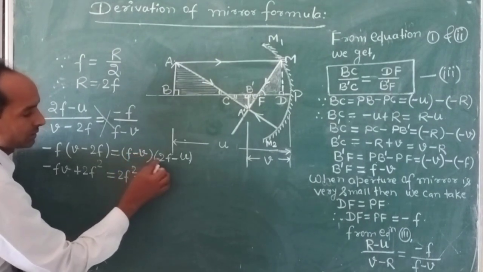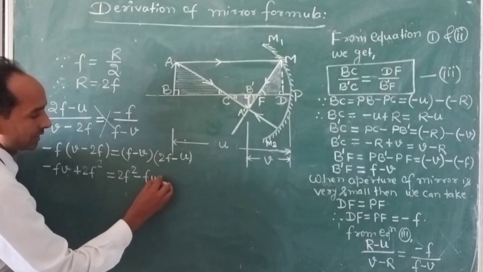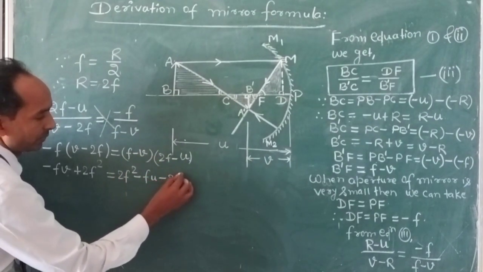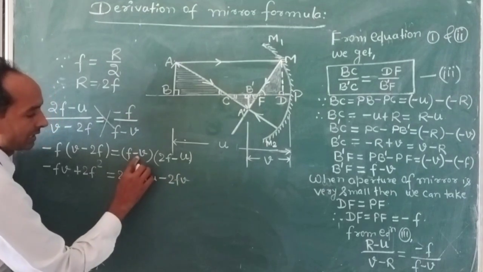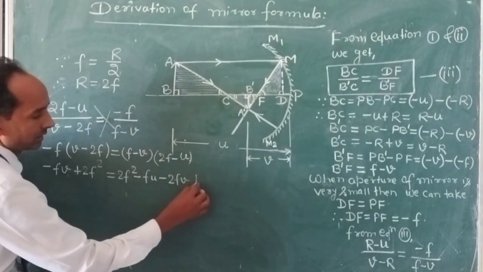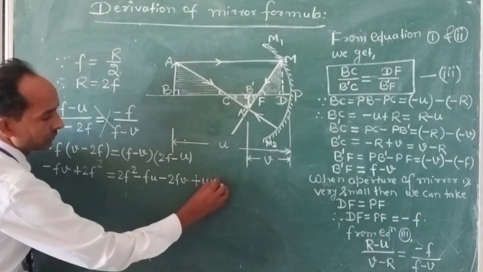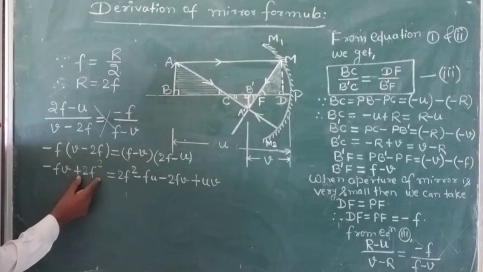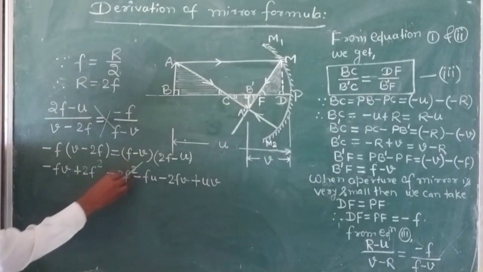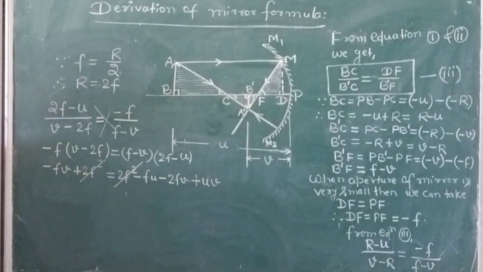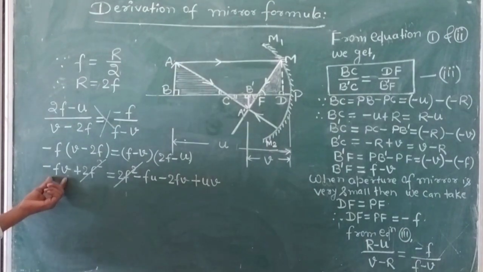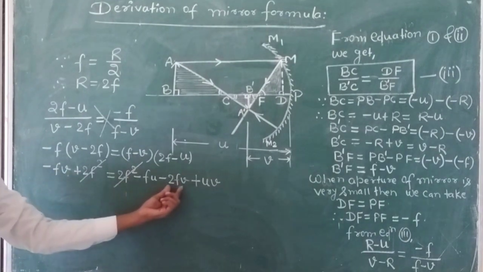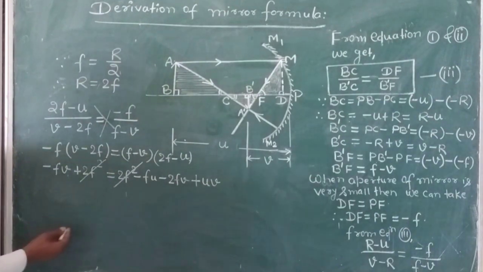When minus v is multiplied by 2f, it will come minus 2fv. Minus v multiplied by minus u will come uv. We see that this is 2f square and this is also 2f square, so this will cancel. Now we also see that here is minus fv and here is minus 2fv.